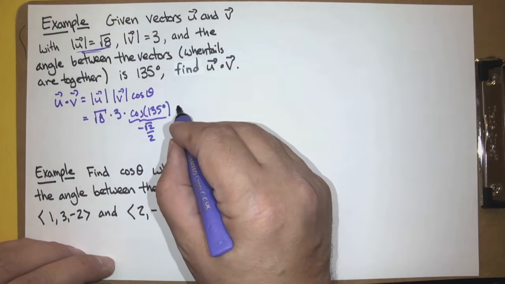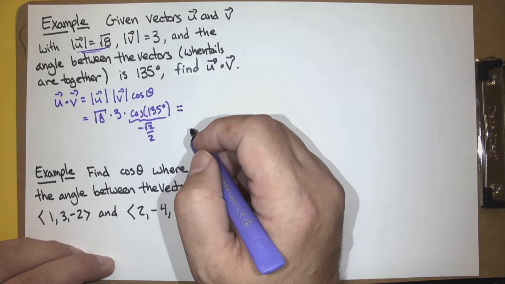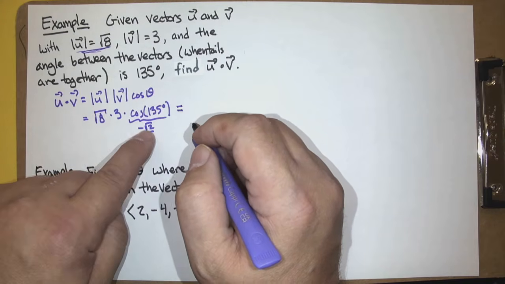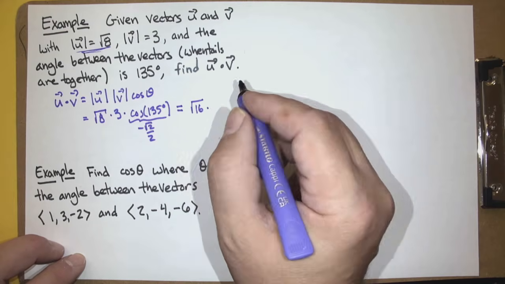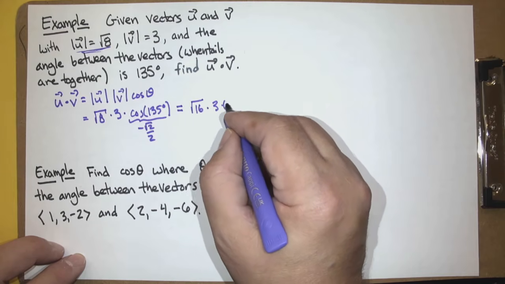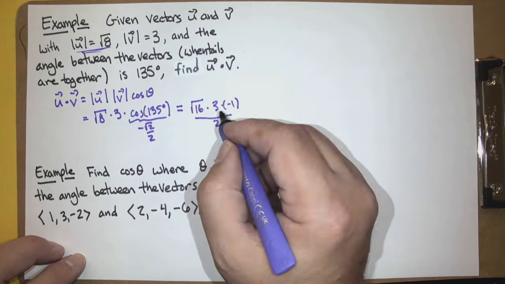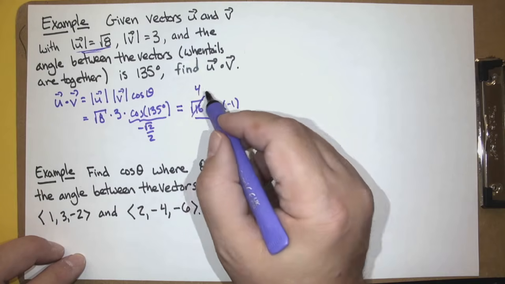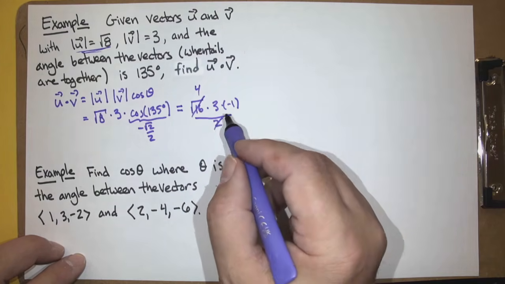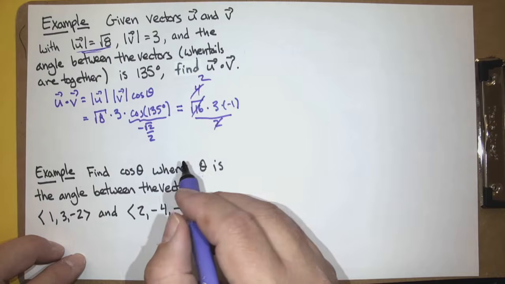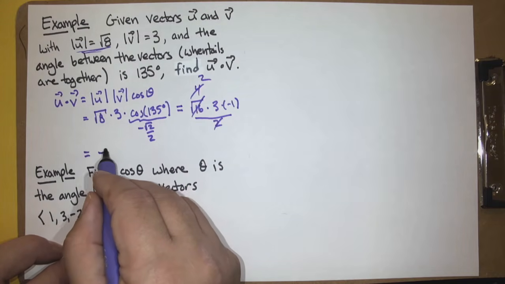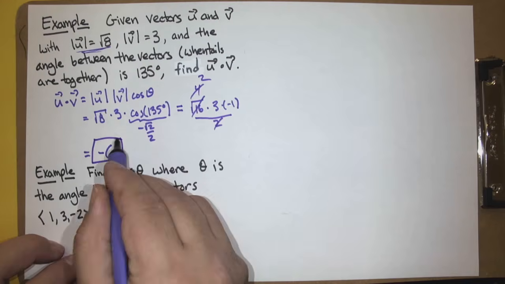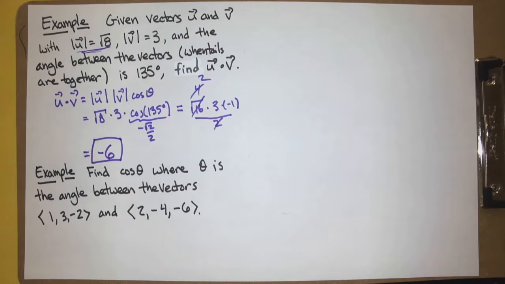If I put those together, what does that give? Square root of 16. We'll simplify that in a second. Then we have a 3. Don't forget there's a negative 1, and we have a 2. And people said, square root of 16 is 4. 2 can go into 4. So altogether we get negative 6. So this is an example of how we're using geometrical information to find the dot product.